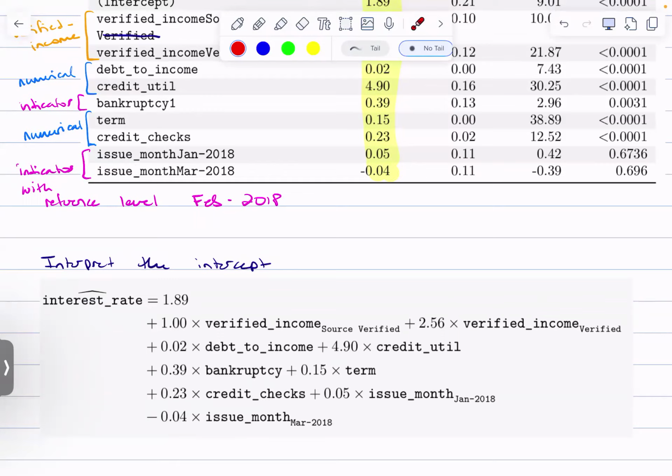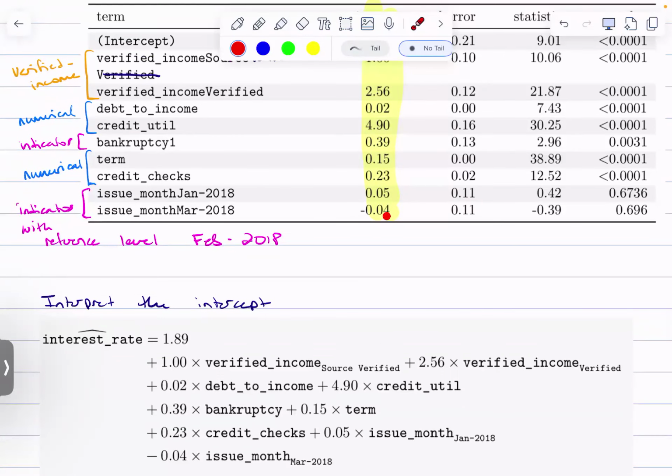The only one that seems to have a decrease is the issue month of March. We'll see if that's a significant decrease. For that, we need to look at these p-values, but we're holding off on that. So we'll be able to determine if it's a significant increase or decrease by looking at these values over here in the table, but that's a ways off.